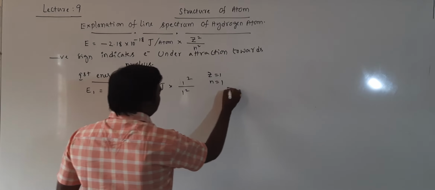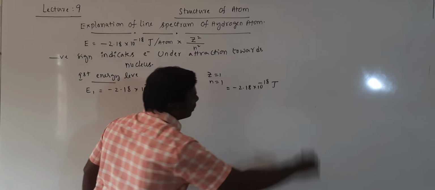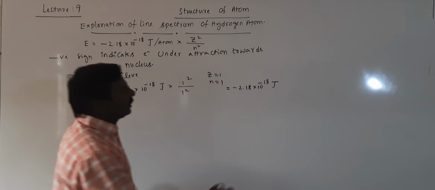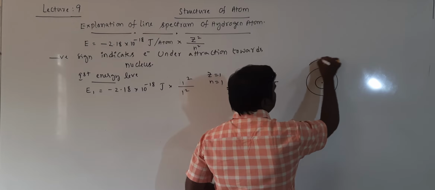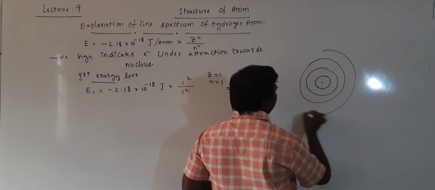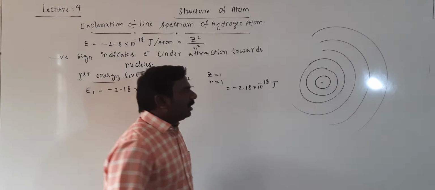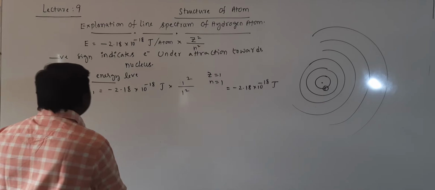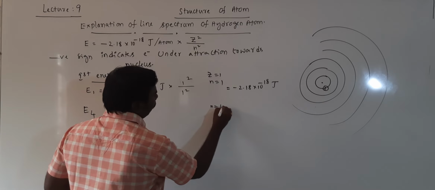Then you get minus 2.18 into 10 to the power of minus 18 joules per atom. 1, 2, 3, 4. This is the nucleus, first energy level, second energy level, third, fourth, fifth, sixth energy level, like that. I calculated for the first energy level. So I will calculate for the fourth energy level also, n equal to 4 for example.